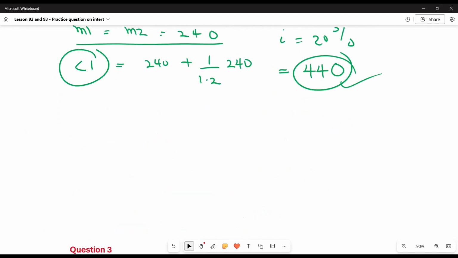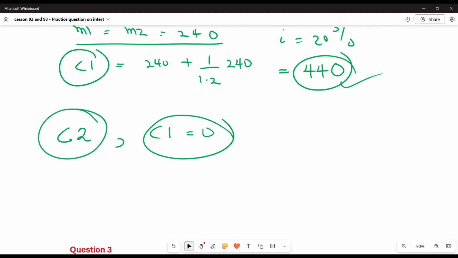Similarly, for our y-intercept, which is the value of C2 when C1 is equal to 0. What this means is Nate will decide that he won't spend anything today and spend all of his income in the second period.